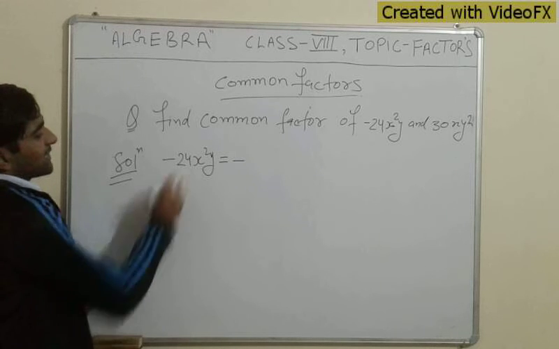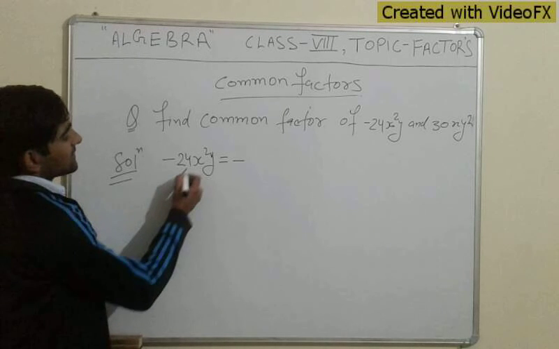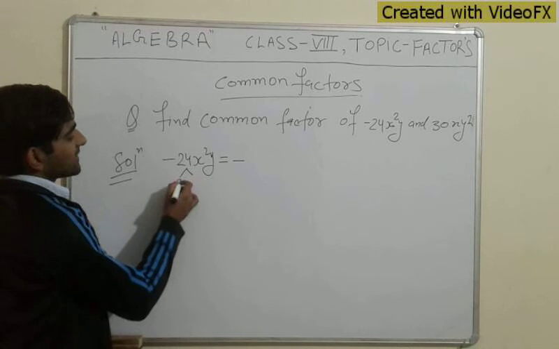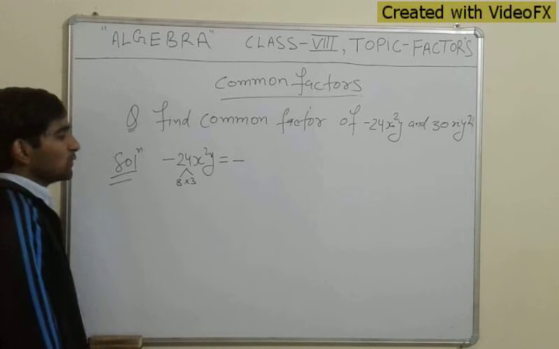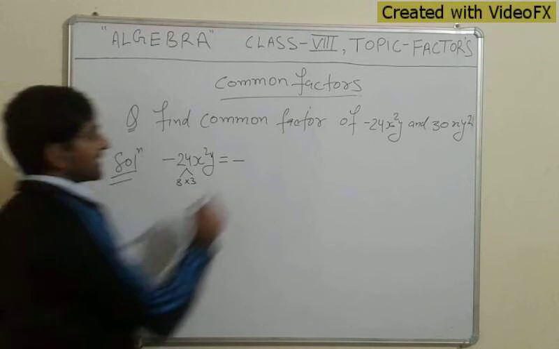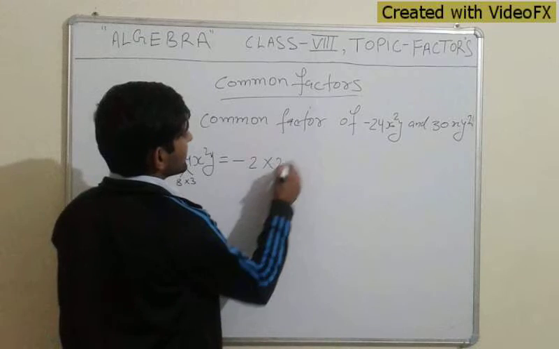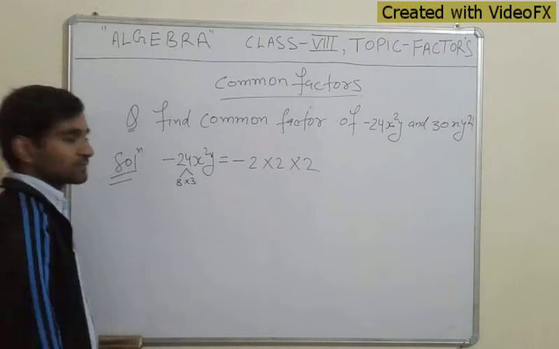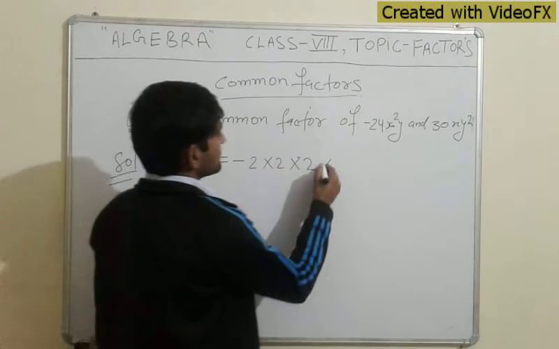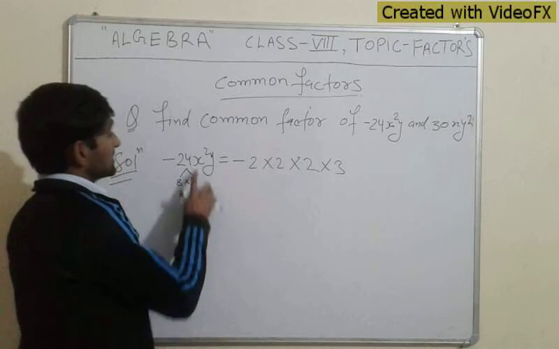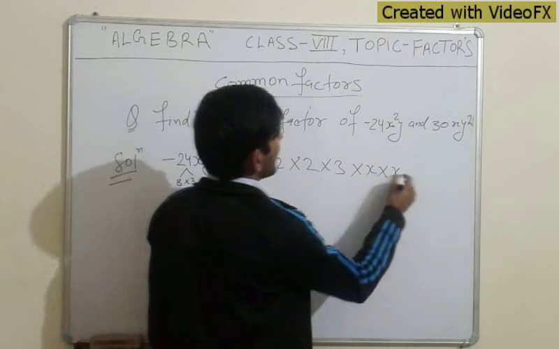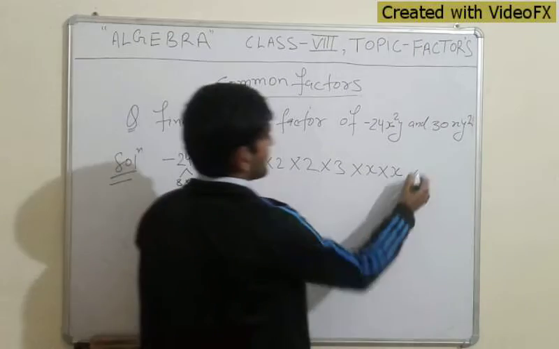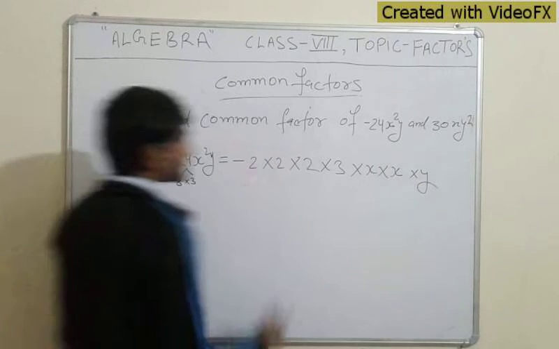So 24 can be written as 8 into 3, and 8 is 2 multiply 2 multiply 2. And write this 3. This is x square, so x multiply x, and this is y.